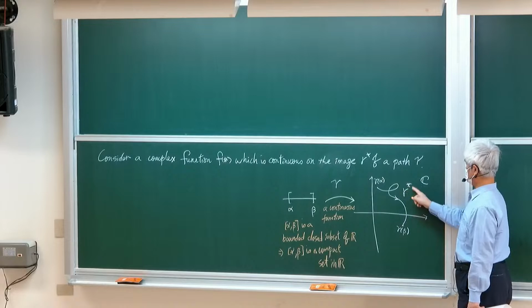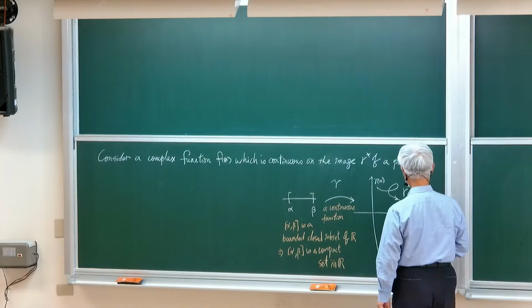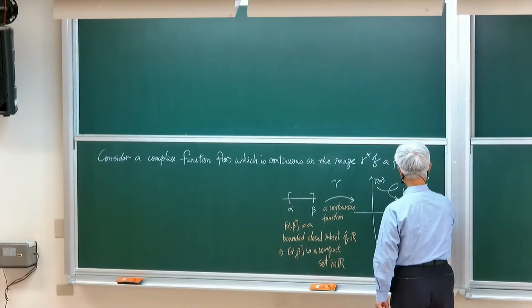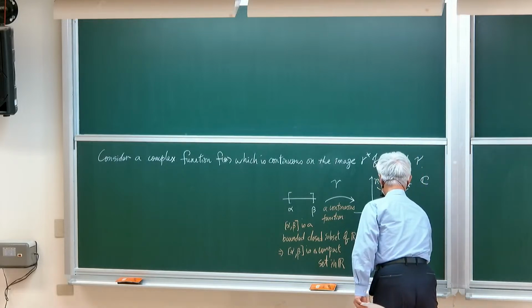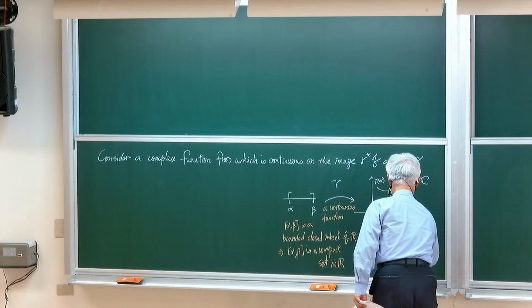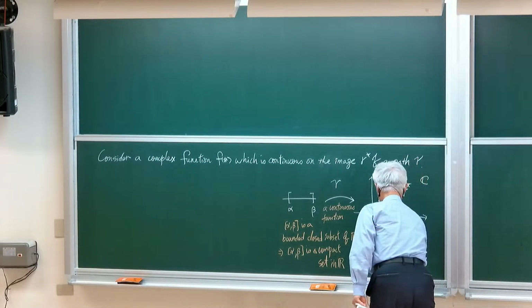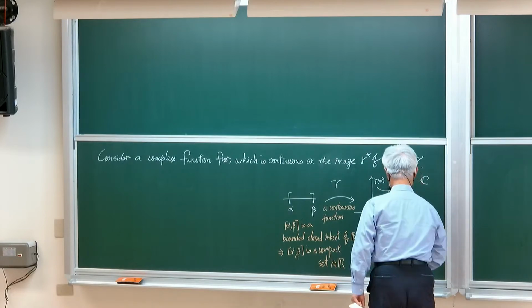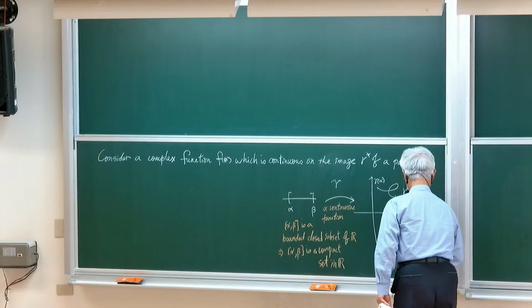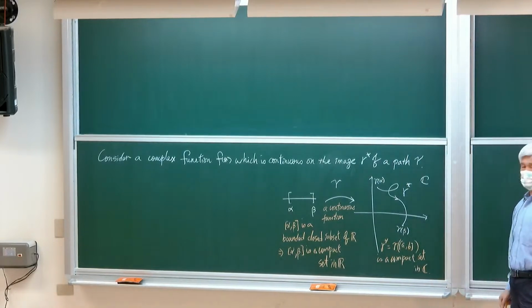So its image, by our theorem we mentioned last week, gamma star, which is gamma of the interval, is a continuous image. So this is a compact set in C.